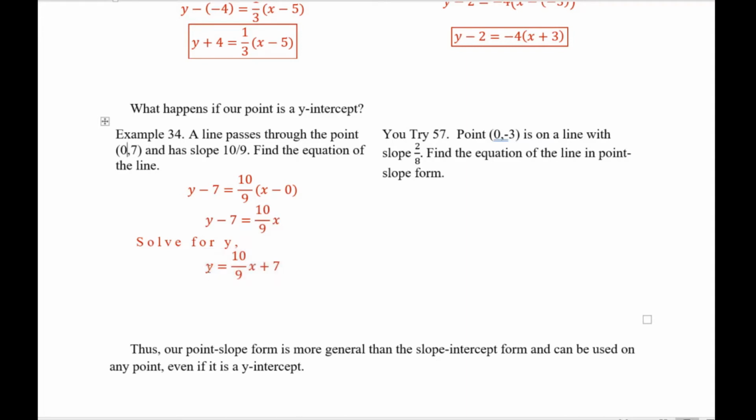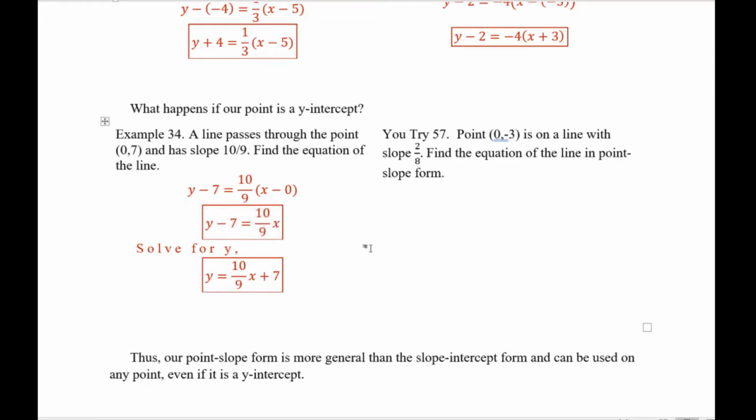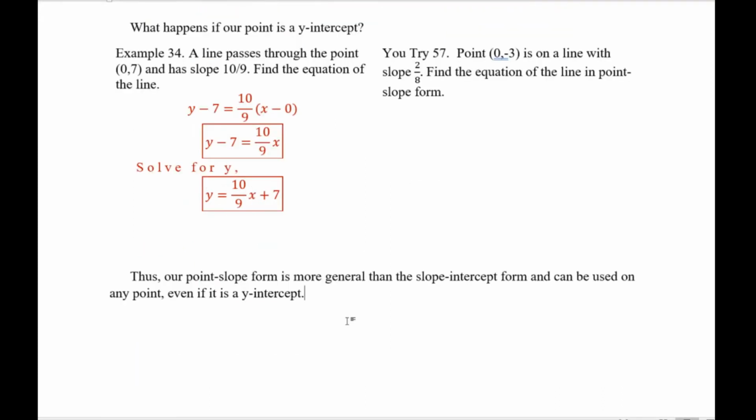So if I wanted to box this as my answer, that would be acceptable, as well as boxing this answer. So our point-slope form is more general than the slope-intercept form, and we can use it on any point, even if it is a y-intercept.